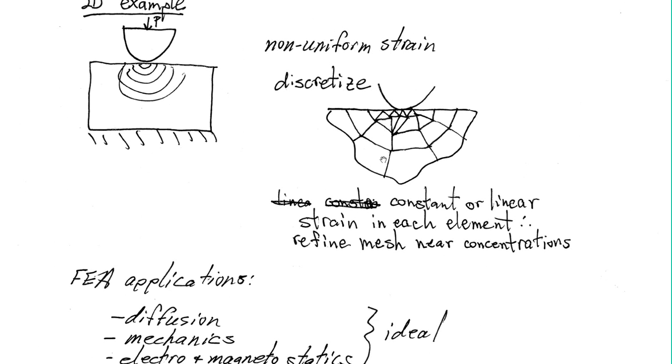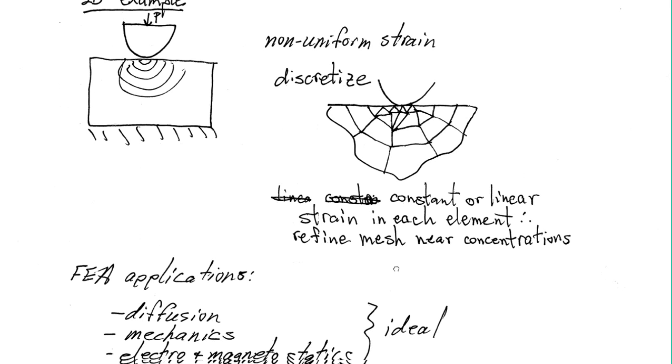One of the things that we'll have to carefully look at in this class is if you have stress concentrations or field concentrations or any change in your solution with respect to space, you have to be very careful in how you construct these elements.